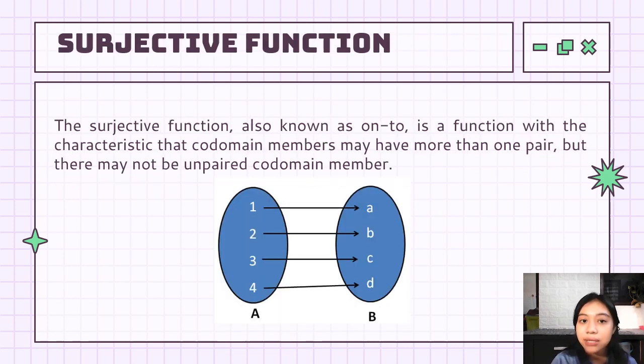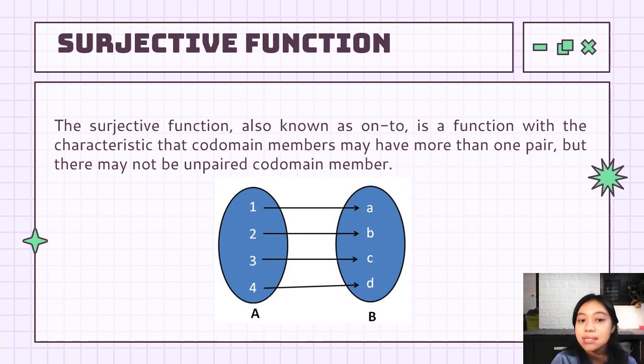And then surjective function. The surjective function, also known as onto, is a function with the characteristic that codomain members may have more than one pair, but there may not be unpaired codomain members.